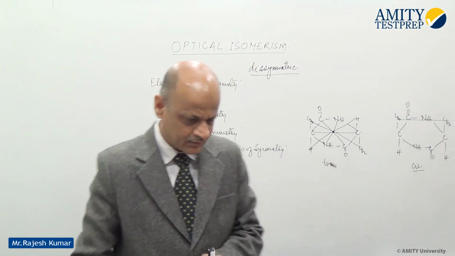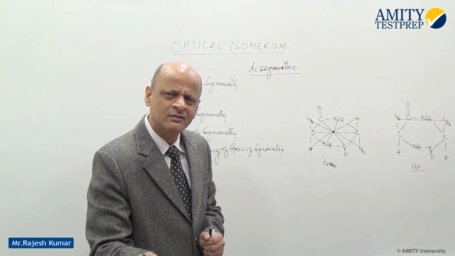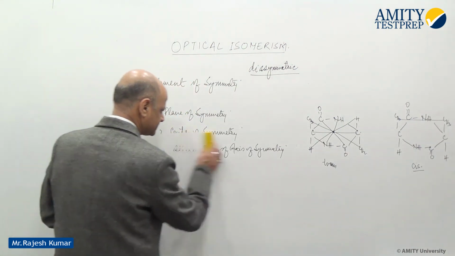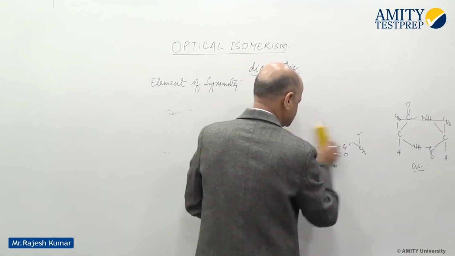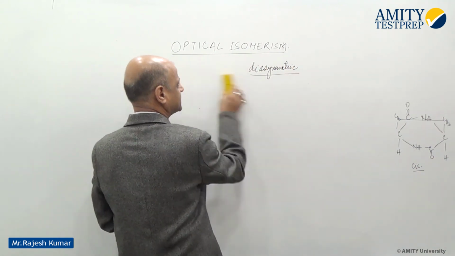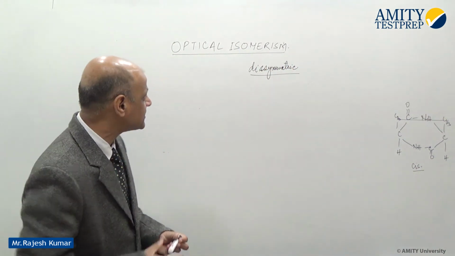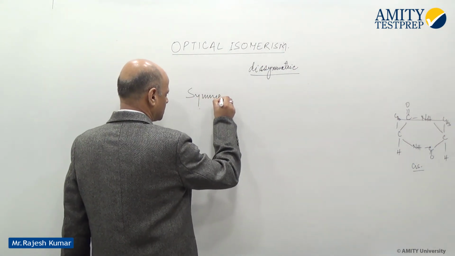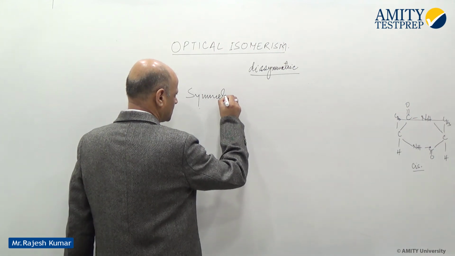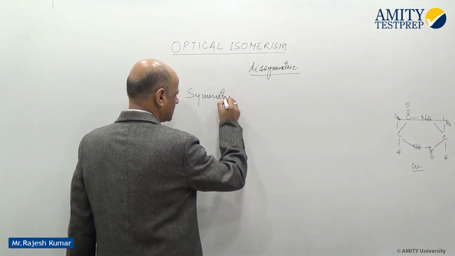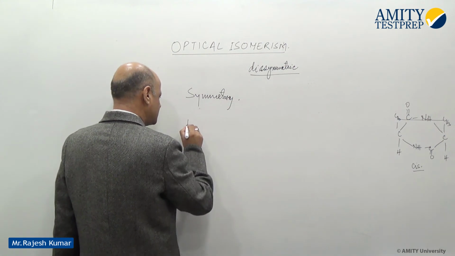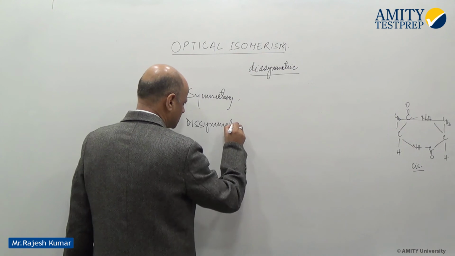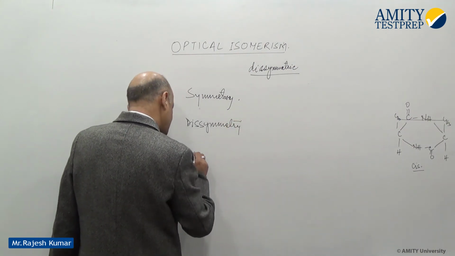Now we are going to discuss the manner by which a molecule becomes optically active. There are three words we have studied: one is symmetry, second is dissymmetry, and last one is asymmetry.